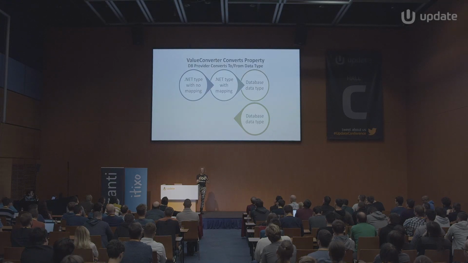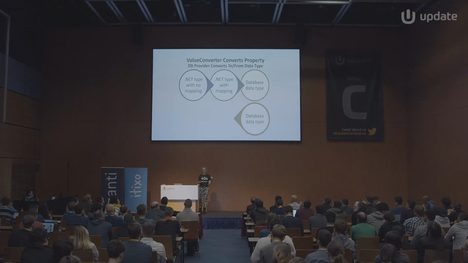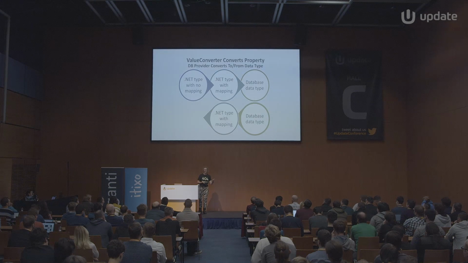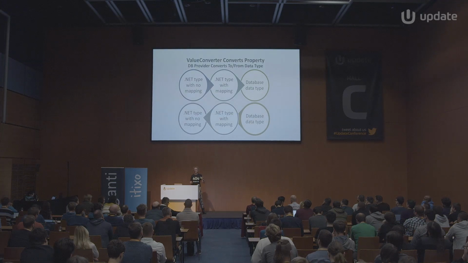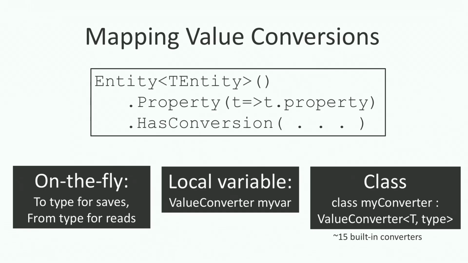So part of the value conversion is another piece that says what to do when you're bringing the data back out of the database. It says, all right, this is going to be a string. Use the color struct's method to create a color from a string, and then it's able to just materialize the color. So the value converters are not converting from your types to data types, it's converting from one .NET type to another, but the other one is one that Entity Framework knows how to persist into your database. So those are really, really important.